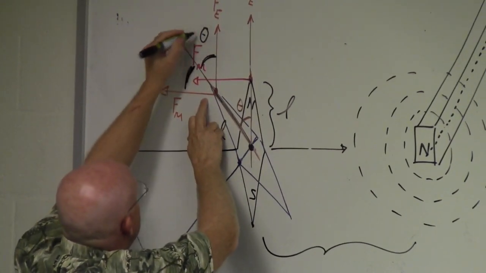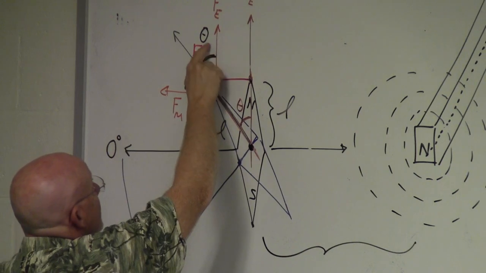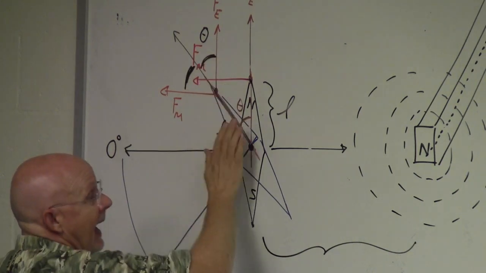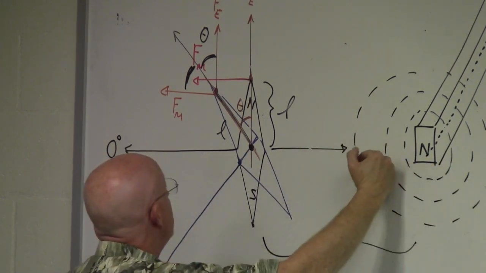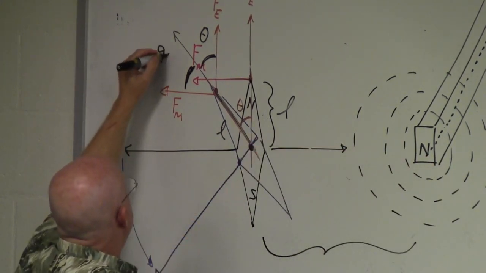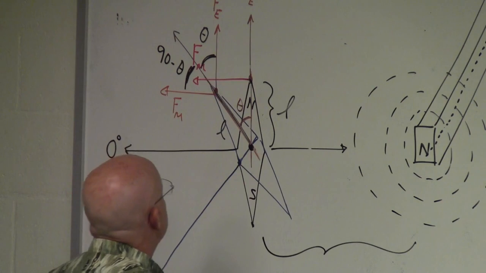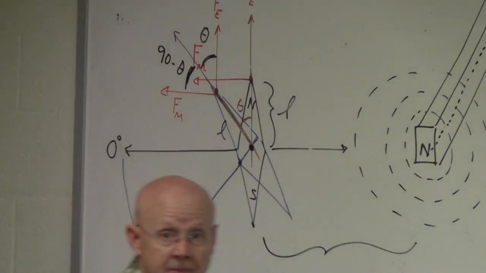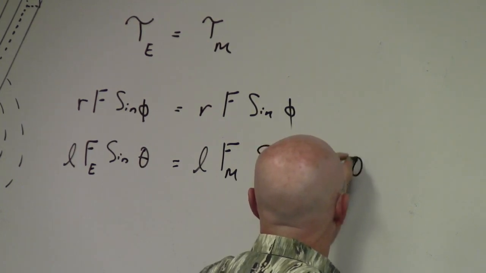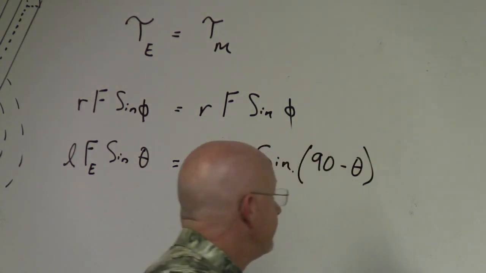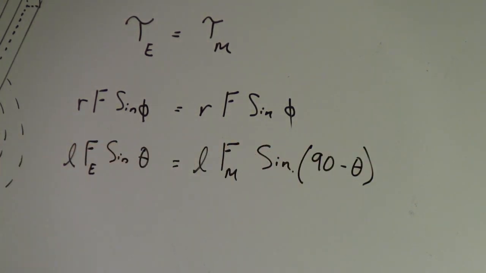And so if this angle is theta, and I have my magnet on the west line, then this would be 90 degrees minus theta. So this over here should be 90 minus theta.